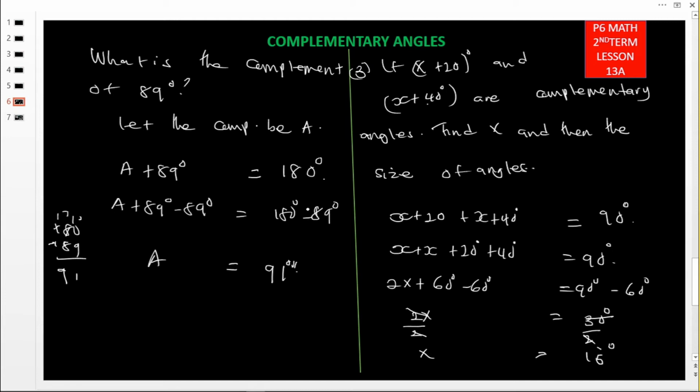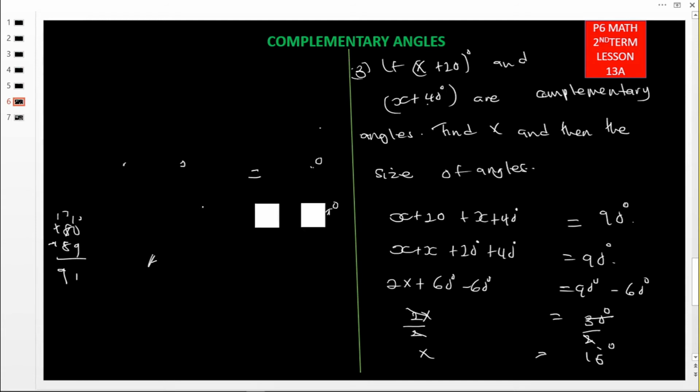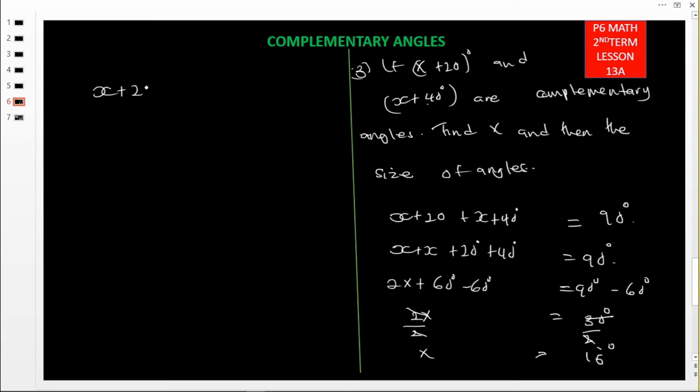Now after getting that one, the question continues and tells us to find the size of each angle. We have obtained the value of x. So our first angle is x plus 20 degrees.